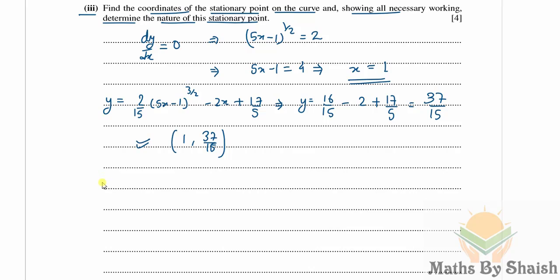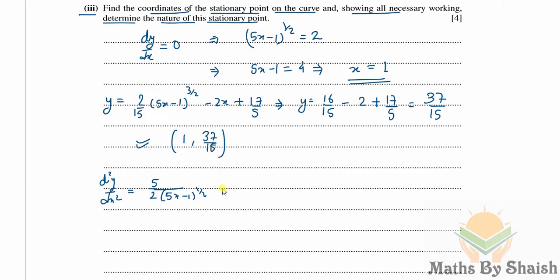Now since we have d2y over dx squared as well, and this is 5 by 2 times (5x minus 1) to the power 1 by 2, it is in the denominator.